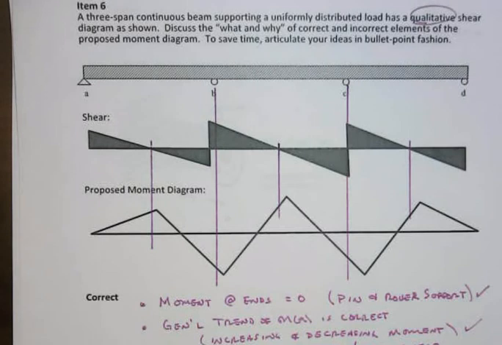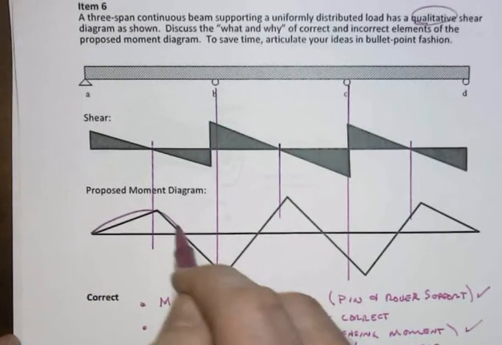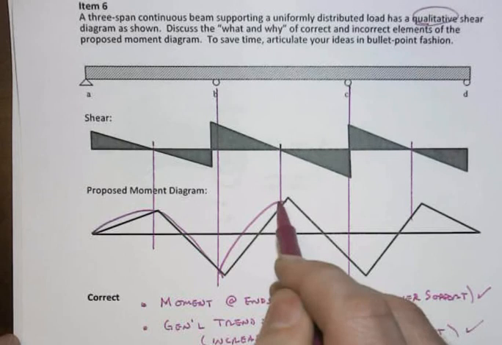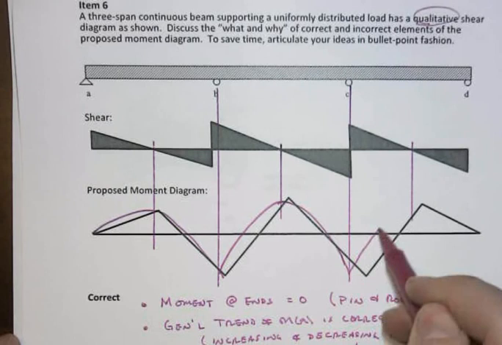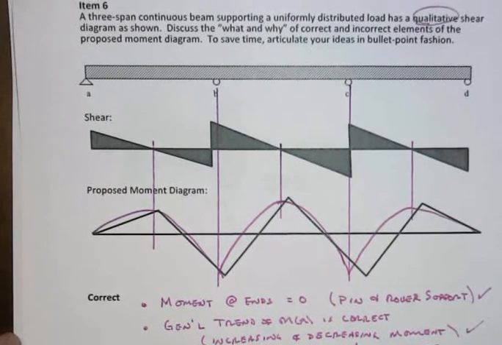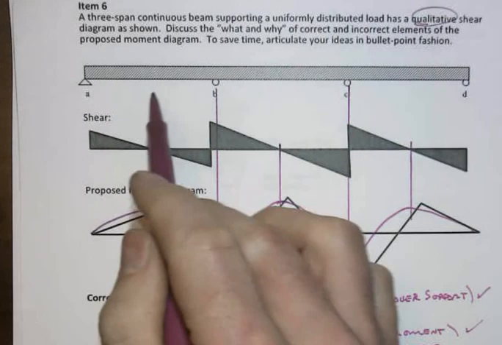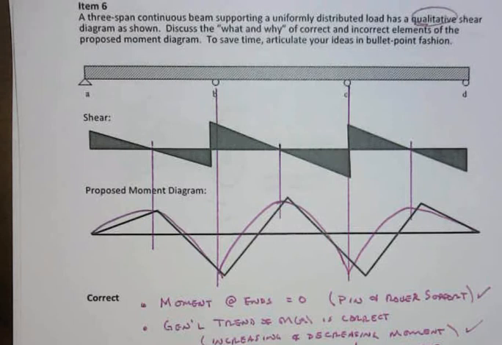The big major thing that's wrong with this is that we should have second order curves that might look something of this kind of nature, and we'd have to know something more about the details of the loads and the span lengths, and even the moment of inertia and elastic modulus for each of these three spans before we know what the relative magnitudes of the peaks of the moments are, peaks both positive and negative peaks.